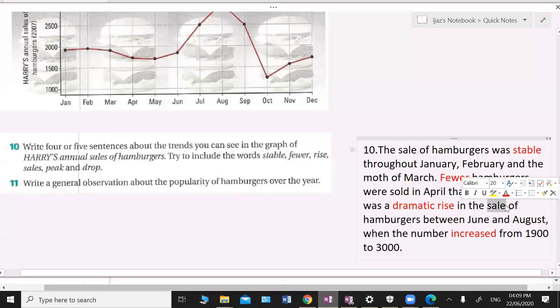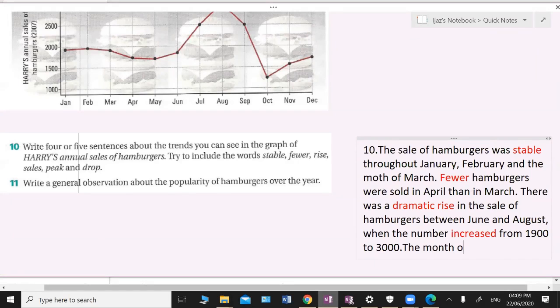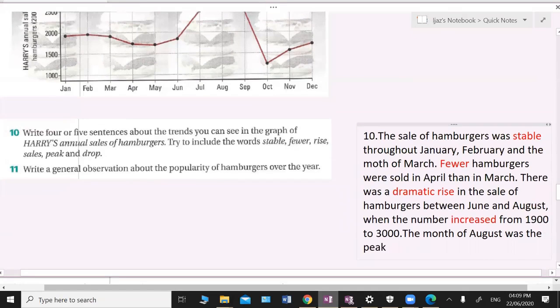And peak, okay, and the sale number in June and August when they increased from 1900 to 3000. So this was the peak time when they reached. So we can say the month of August was the peak period.